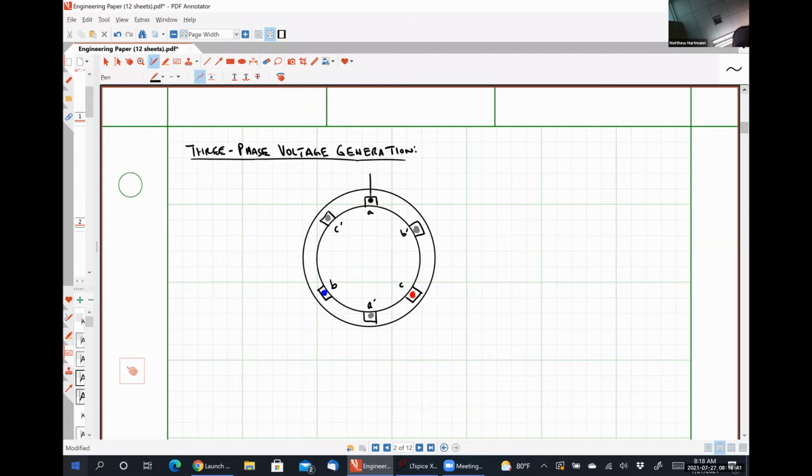Now I am simply trying to draw a wire out to a terminal that we could access outside of our rotating electric machine, which in this case is trying to represent a generator. Actually, I'm going to draw these in gray so that I don't have so much stuff overlapping.